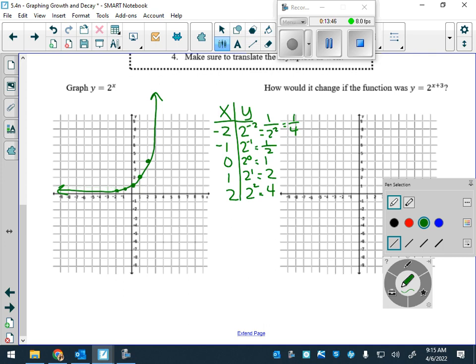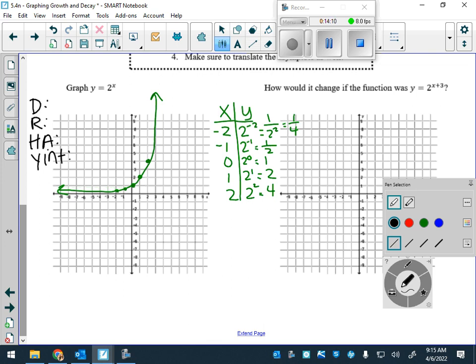Mainly up or down. So, with each function, we're going to include 4 things: identify domain, range, horizontal asymptote, and y-intercept. Those 4 things we are going to include on every graph.